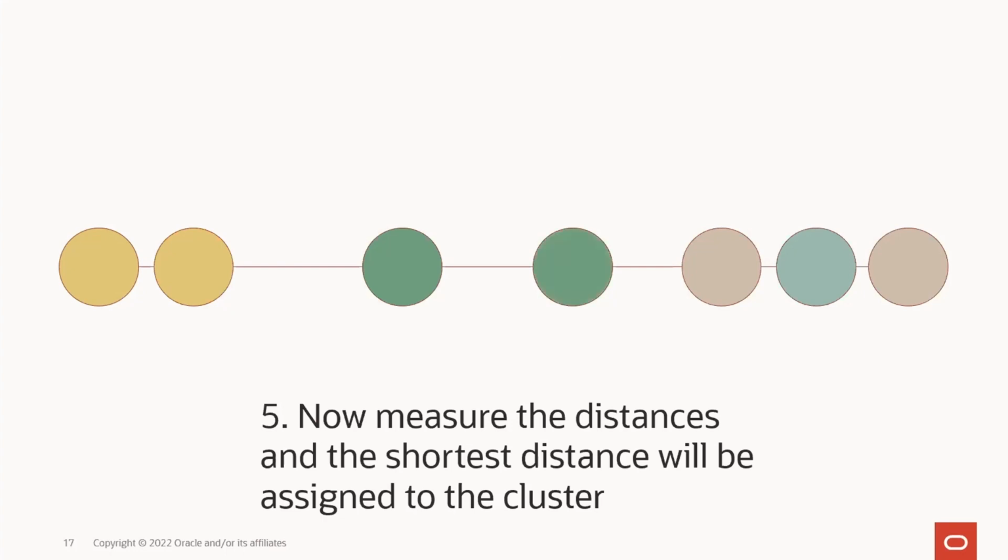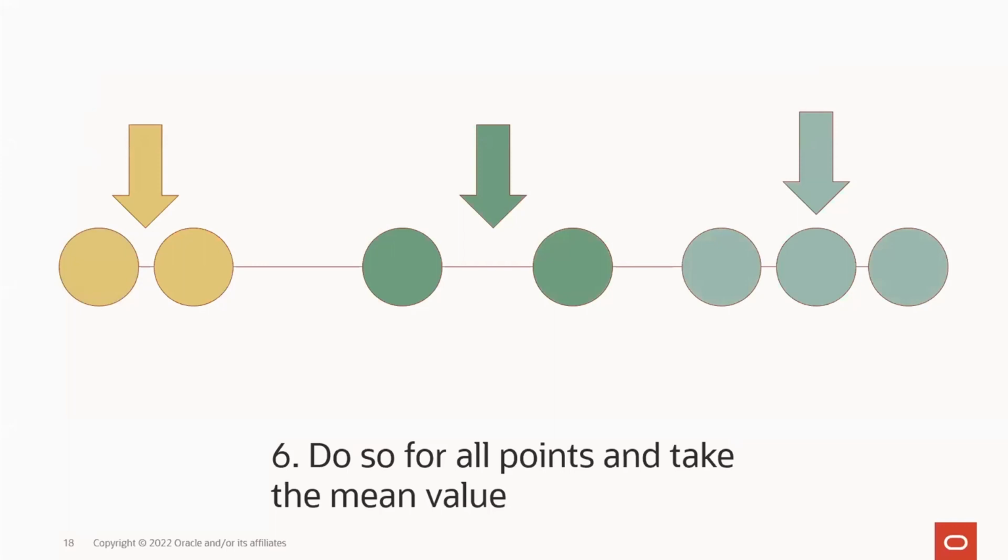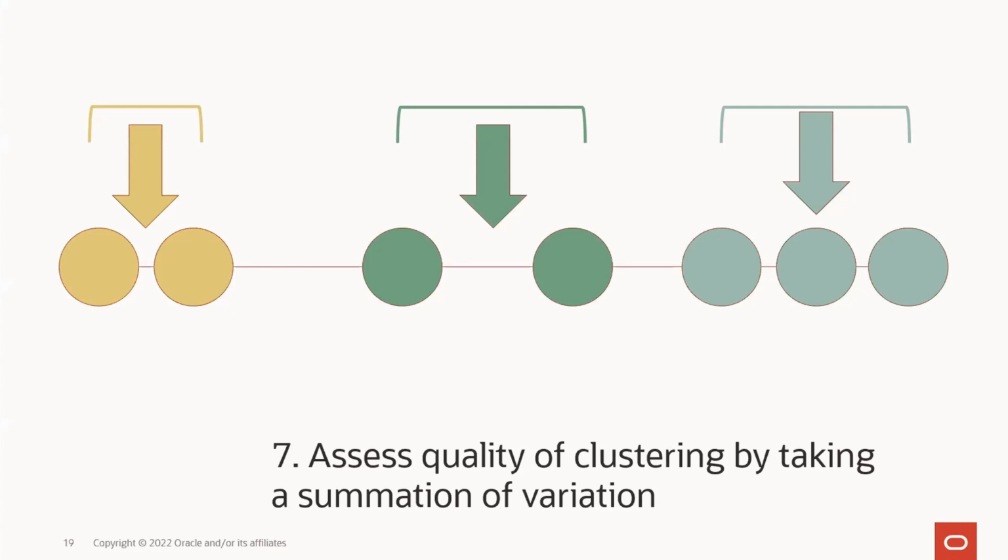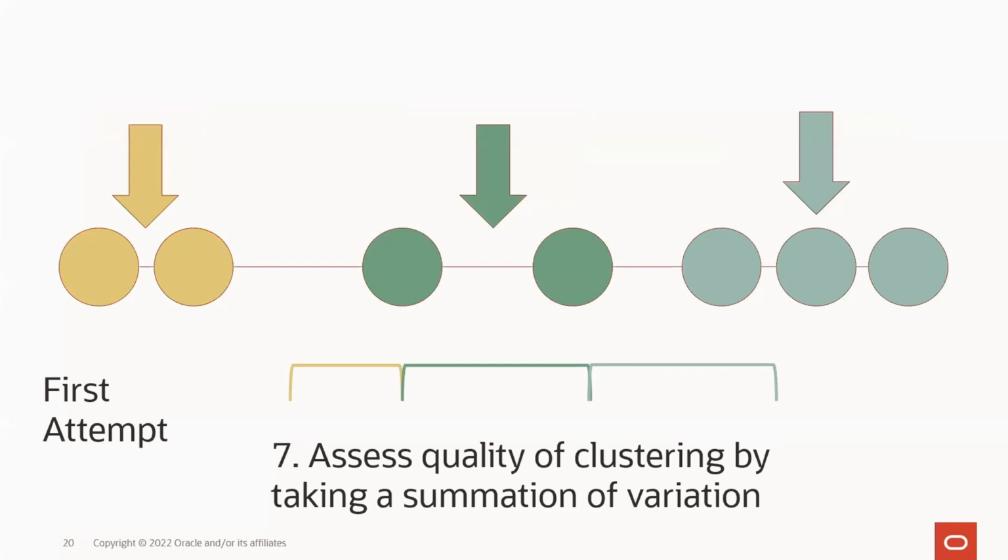Now this one is green, and we can skip to assign the last to the closest cluster at the end. Now that we've assigned all the points, we take the mean values for all the clusters. Then we can assess the quality of the clustering by taking a summation of the variation. If we add up each of the cluster ranges, this is our first attempt.